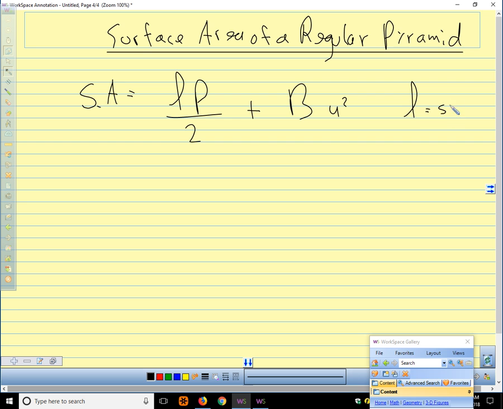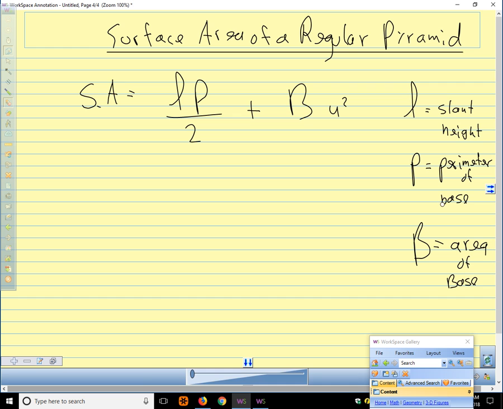L is the slant height. P is the perimeter of the base. And B is the area of the base. And again, this is the lateral area plus the base area. That's our formula: the lateral area plus the base area.